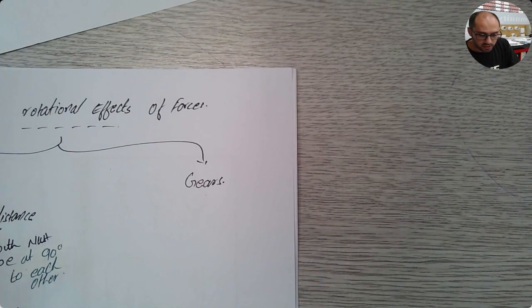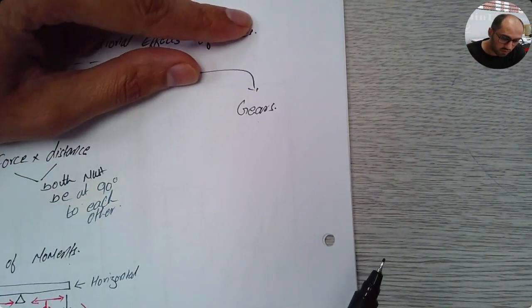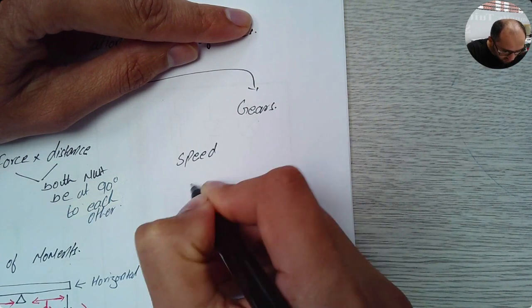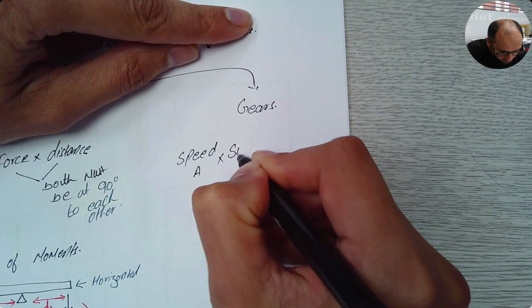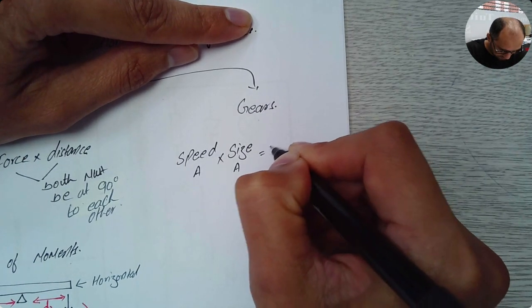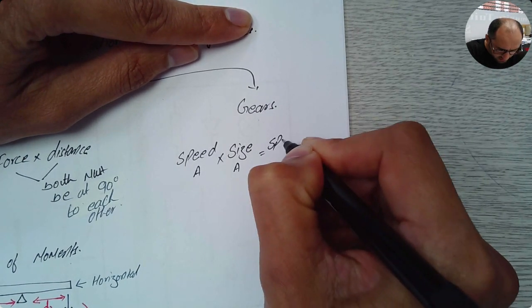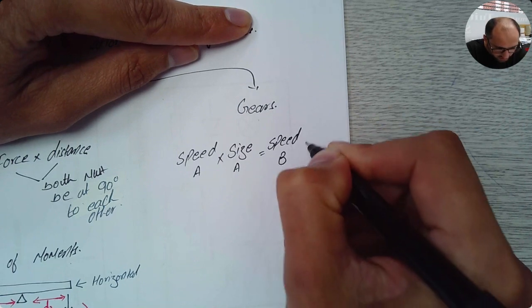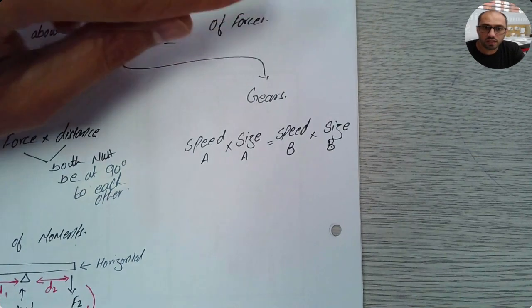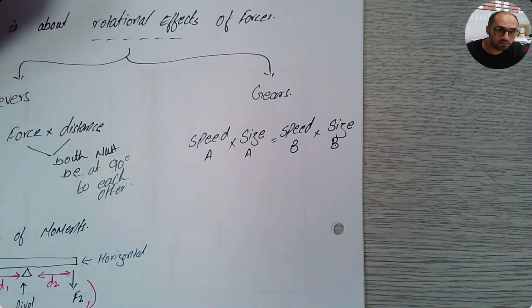When it comes to the gears, there's an equation that you will need to know, and that is speed of gear A times size of gear A must be equal to speed of gear B times size of gear B. This equation may not be given to you in exam, so you'll have to make sure you know and remember this equation.